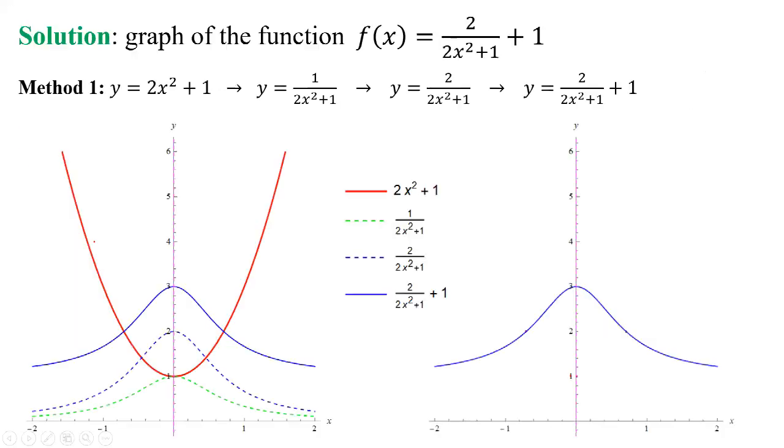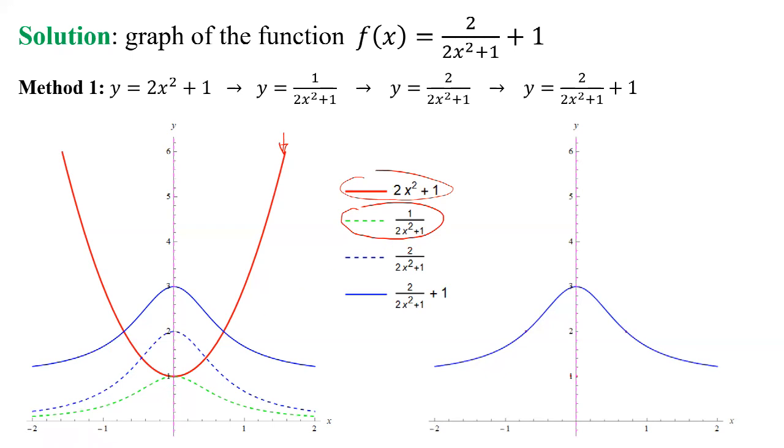So in this way, our steps should look like this. So first of all, as you can see here, when we draw 2x² + 1, this is a sketch of 2x² + 1, right? And then by analyzing its end behavior, we can draw the reciprocal of this function, which is shown in the dotted blue curve here, right?